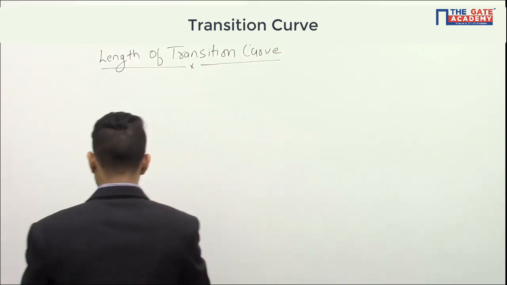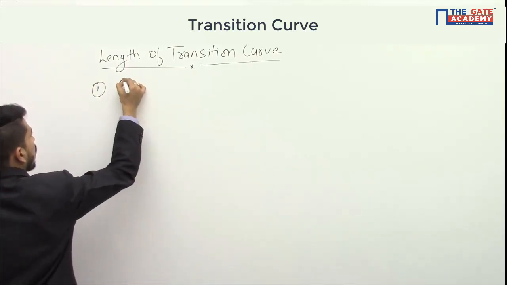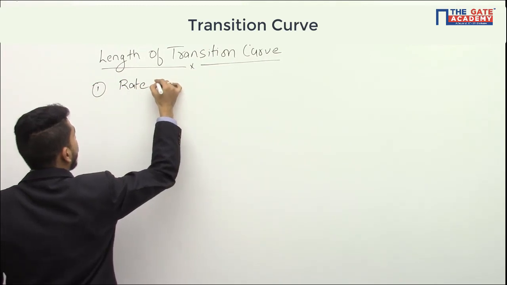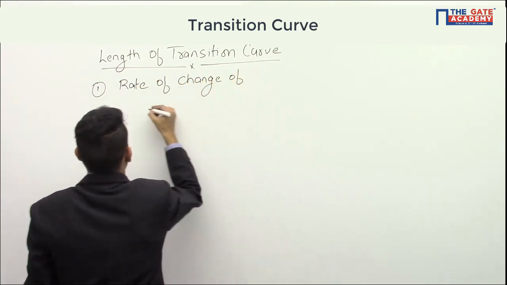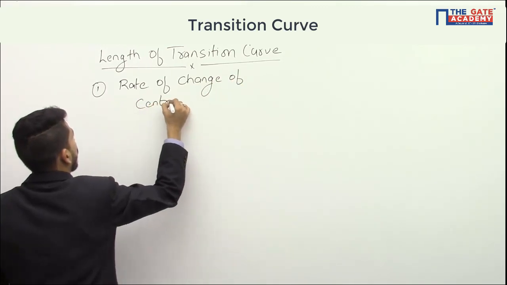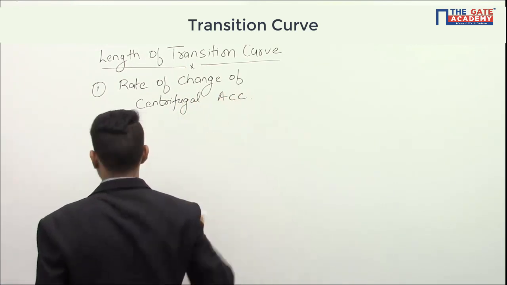So let us see the first condition. The first condition is rate of change of centrifugal acceleration.